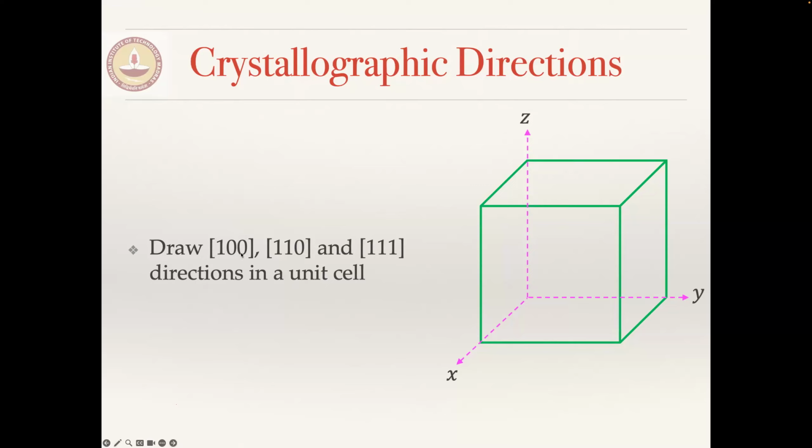That means it is not cutting the z-axis or y-axis. That is your 1, 0, 0. Right? What is 1, 1, 0? In the XY plane, the diagonal. That line is your 1, 1, 0. What is 1, 1, 1? Diagonal in three directions. That is what we call the body diagonal. Okay? Is that clear? Yes, sir.